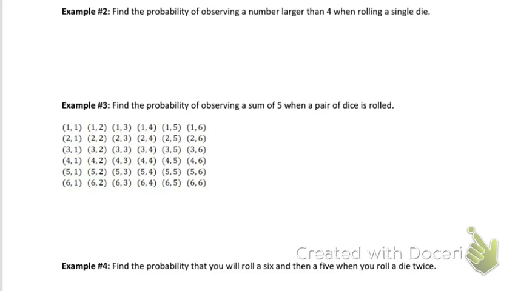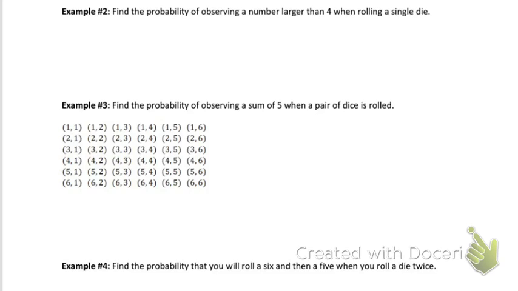So our next problem says, example 2, find the probability of observing a number larger than 4 when rolling a single die. How many numbers on a die are larger than 4? Make sure you're not including 4. Yeah, 2. There's just 2 of them. There is 5 and there is 6.